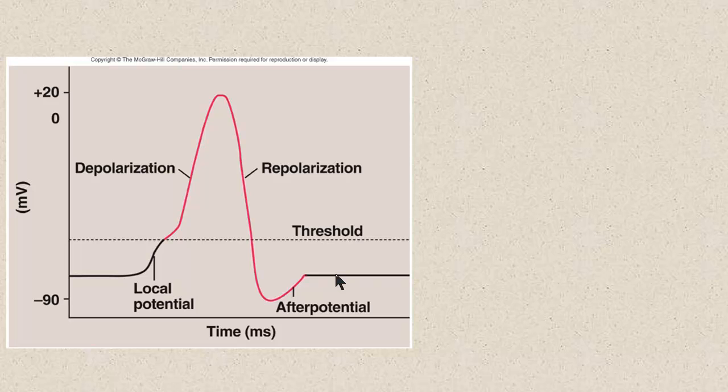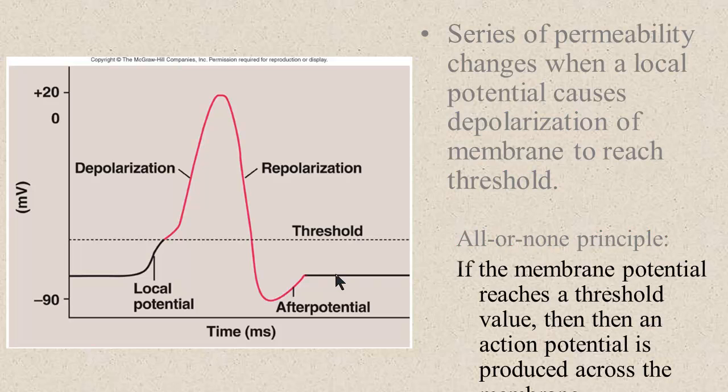So when it comes to action potentials, we call its movement in the membrane an all or none principle, which means only if we get enough ion flow into that neuron do we reach threshold, which means the negative 55 millivolts.